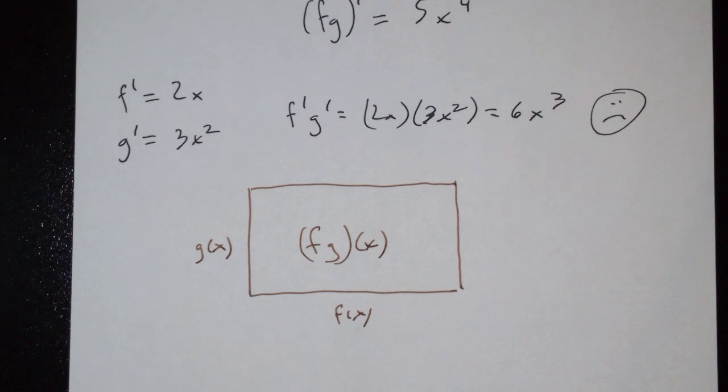I want to know what happens to this when I change x, right? It's f of x plus h minus f of x over h. But if I change x in the area there, I have to change it in both the length and the width.